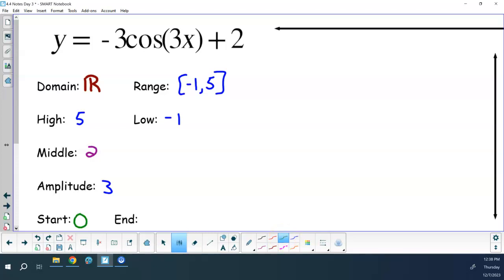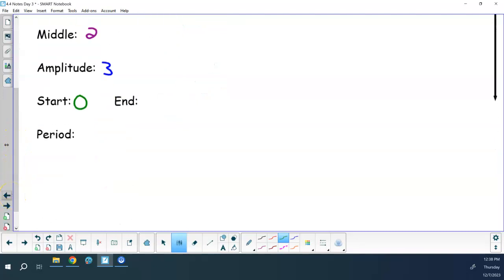Now we have to figure out our period. 2 pi divided by 3 is just 2 pi over 3, which means we end at 2 pi over 3.